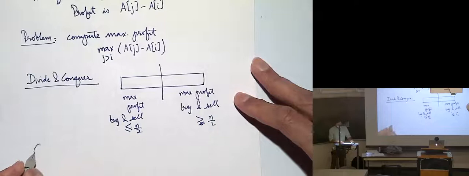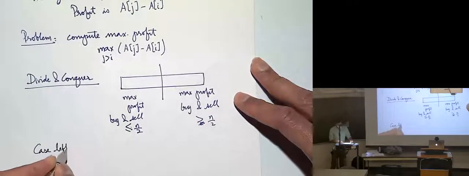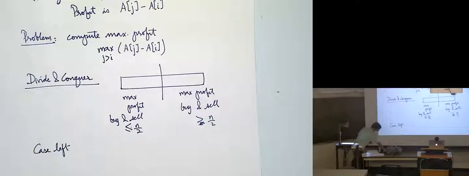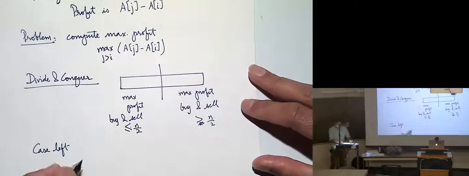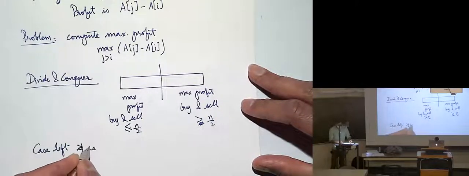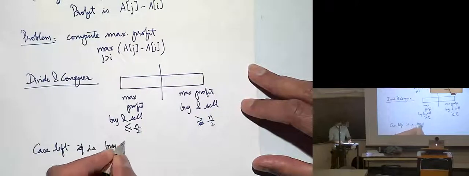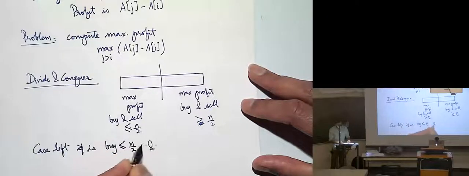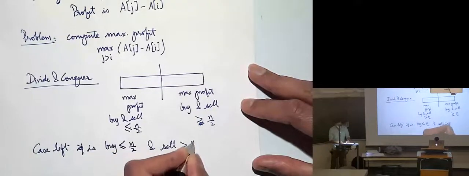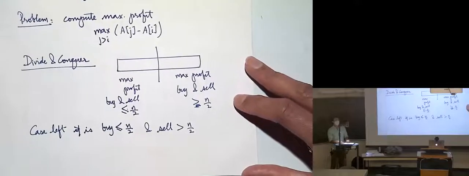The case left is buy less than n over 2 and sell greater than n over 2.